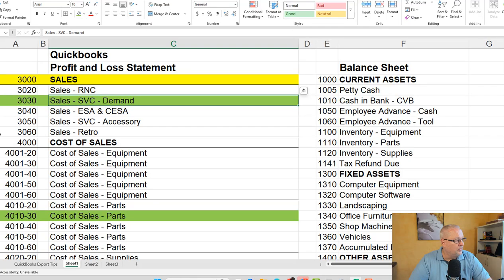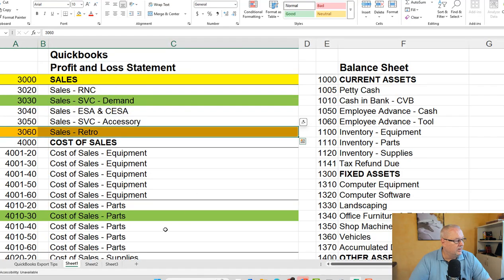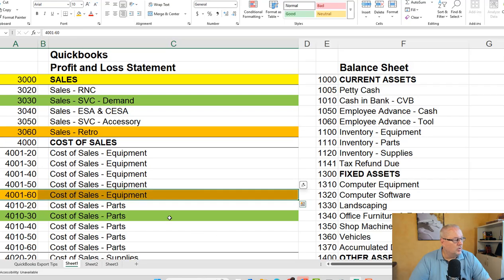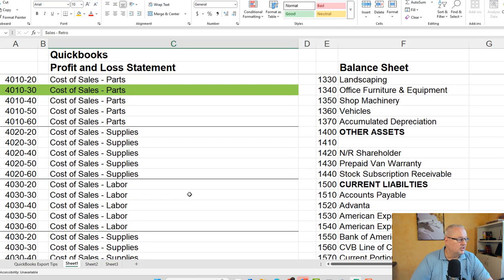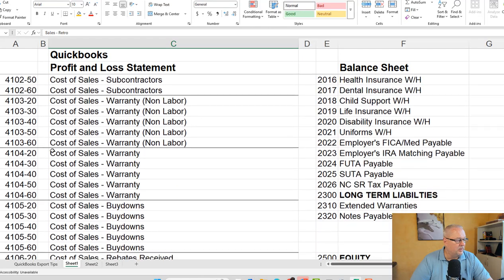So here's your retrofit, like your change out department. We'll make that kind of a golden color here. And the same thing, when you go to pick up your equipment for that department, you would charge against that. So when we run our sales reports, we can run it as a total, or we can run the service department, or we can run the change out department. We call that retrofit. And so this is a chart of accounts, and it kind of tells you how to set everything up on your QuickBooks.